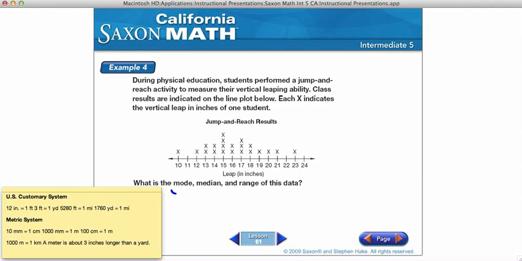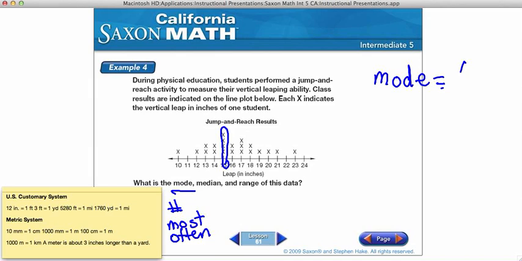Mode is the number that occurs most often. If I look at this, the mode would be 15. It has the most X's. The median is the middle, and we'll get to that in a minute.